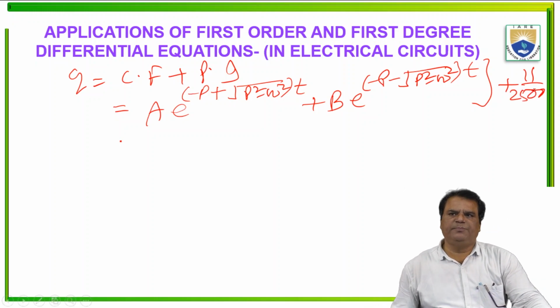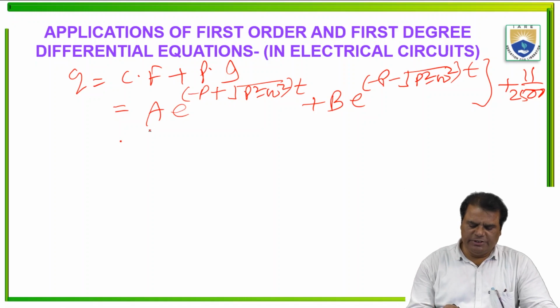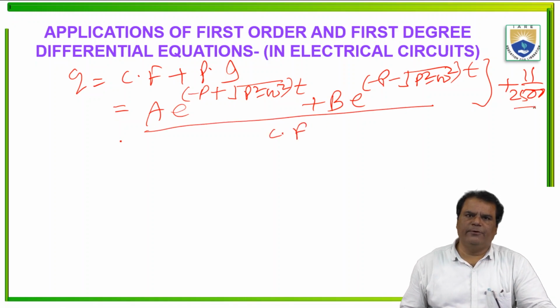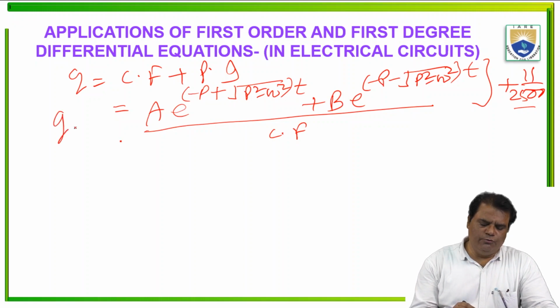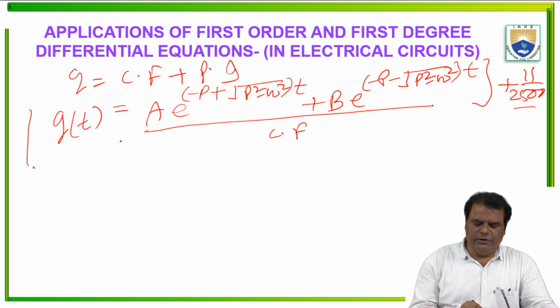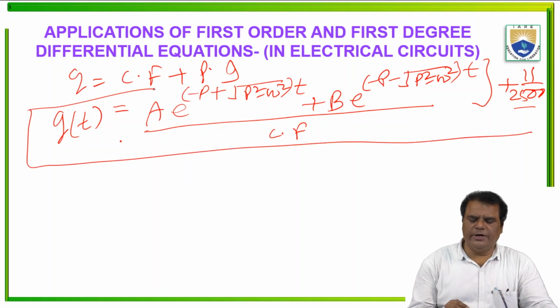This is CF plus PI. This is the value of Q. Q is a function of t here. So this is the value of Q. Okay.